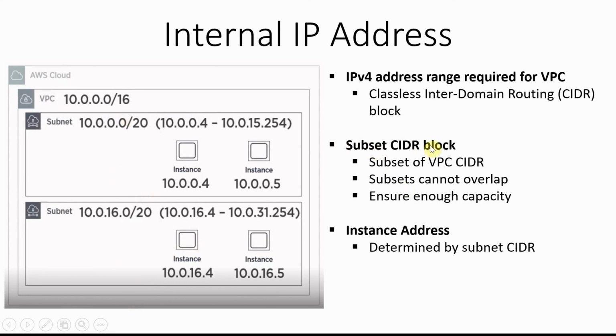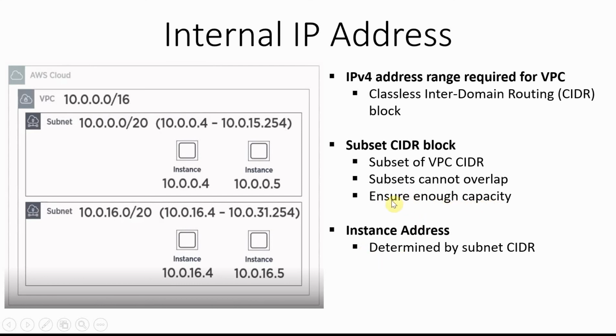Basically the subnet CIDRs should be a subset of the VPC CIDR, and subnets cannot overlap. That is very important, and ensure that you have enough capacity. Planning is very important when you create a VPC. Consider your growth and other things, and create capacity for future growth.